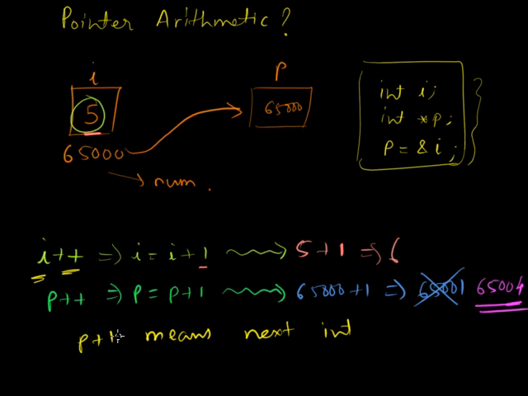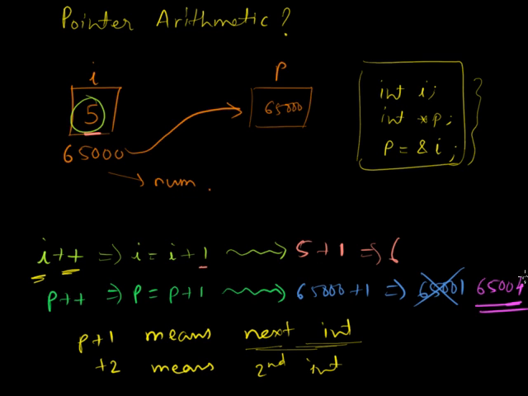So consider it like this. We have a list of integers and the pointer is pointing to the first integer. When I say increment the pointer, where will the pointer go? Pointer will point to the next integer. Hence when we apply arithmetic to pointers, it will go to the next integer, or whatever the next thing it will point to. Same if I do plus 2, then it means next of next. That means the second integer, right?